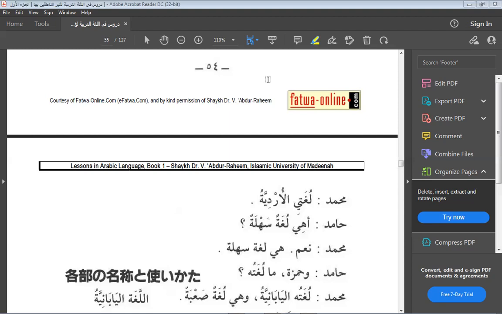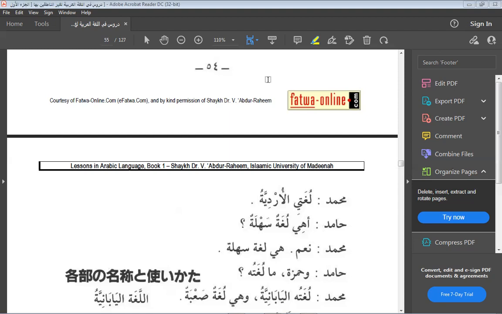Numbers 1 and 2: when you are counting something and the thing is 1, you just say rajulun, a man, one man. If you want to say rajulun wahidun is your own job, but rajulun is okay. If you want to say 2 men, what do you say? Rajulani. You use the dual format because in Arabic we have dual. You add alif and nun to make the dual. So rajulani.